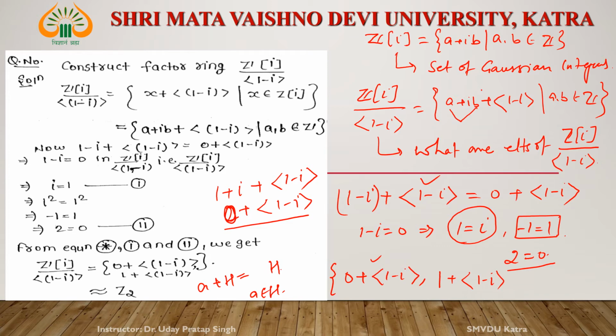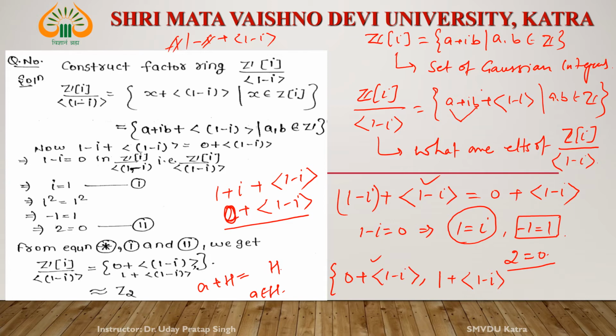And if we write a equal to 0 and b equal to minus 1, then this is minus i plus the ideal (1 minus i). But what is minus i? Minus i is minus 1, and what is minus 1?